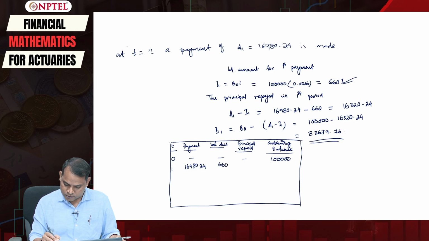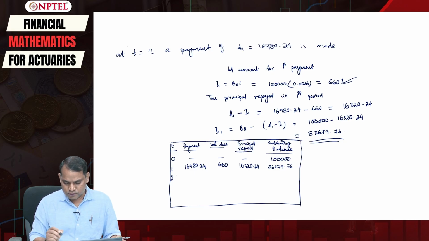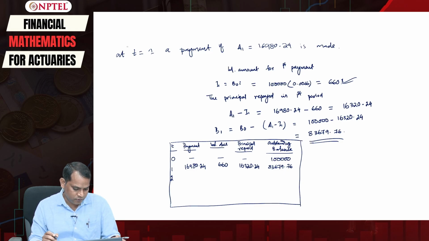Interest due is 660 and the principal repaid is 16,320.24. Now we will deduct this one from this one, we will get this amount, that is 83,679.76. Now in the second period you should do a similar computation, and you can proceed to get the value as it is.